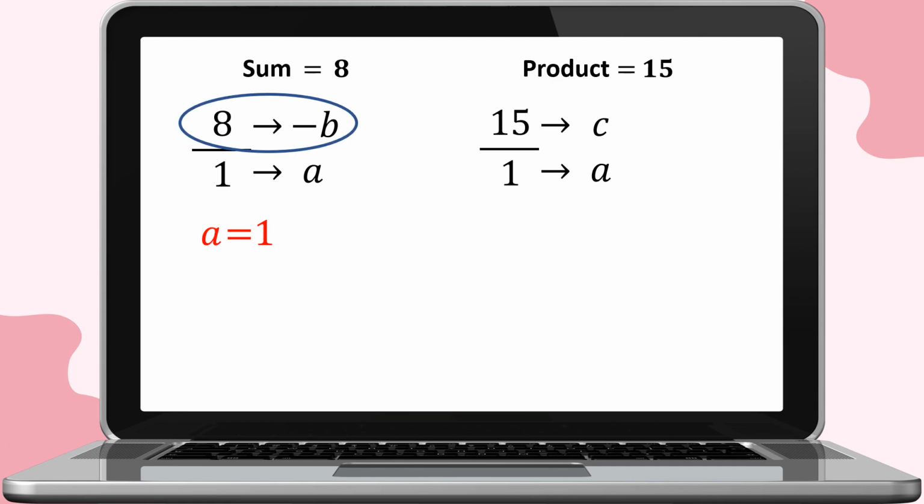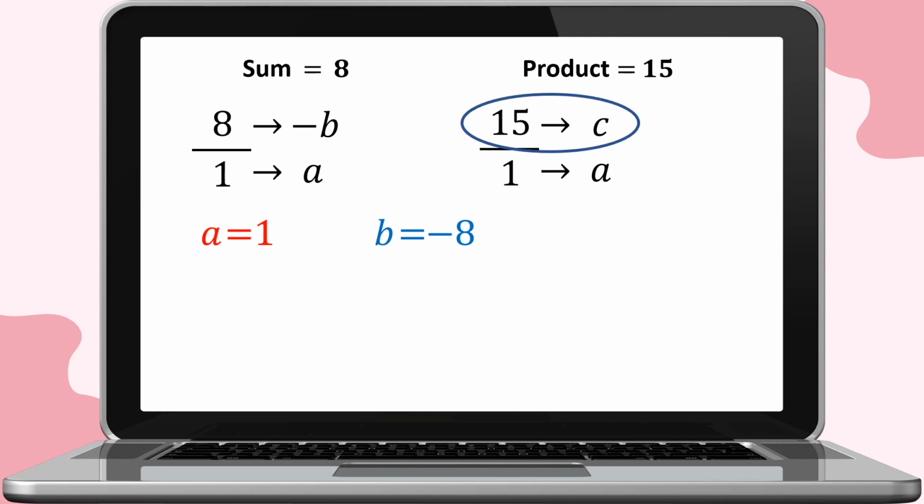The value of B is equal to negative 8. Take note that we need to get the opposite of the numerator of the sum for the value of B. And for the value of C, we have positive 15.